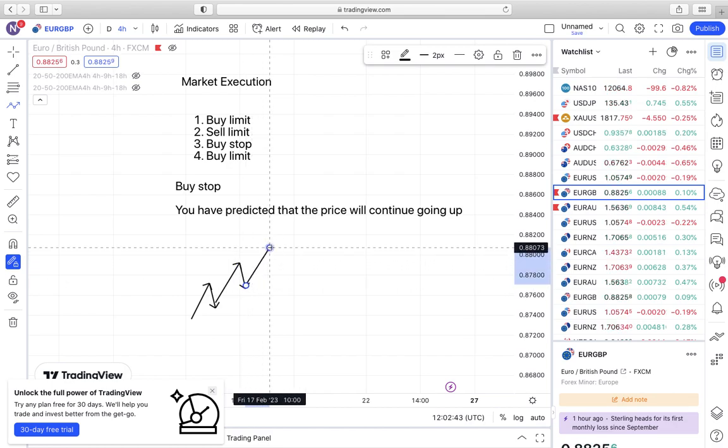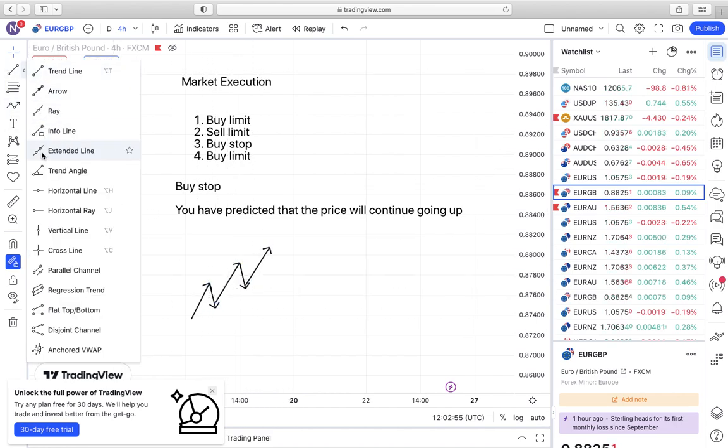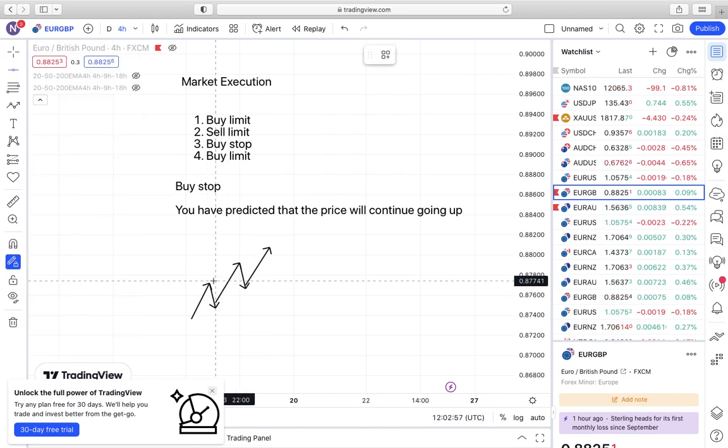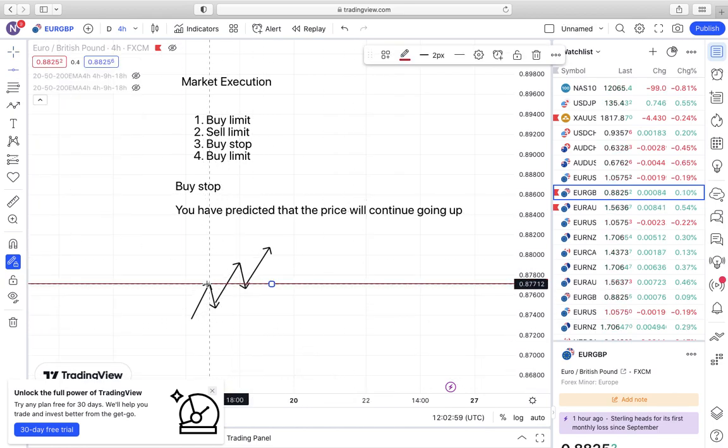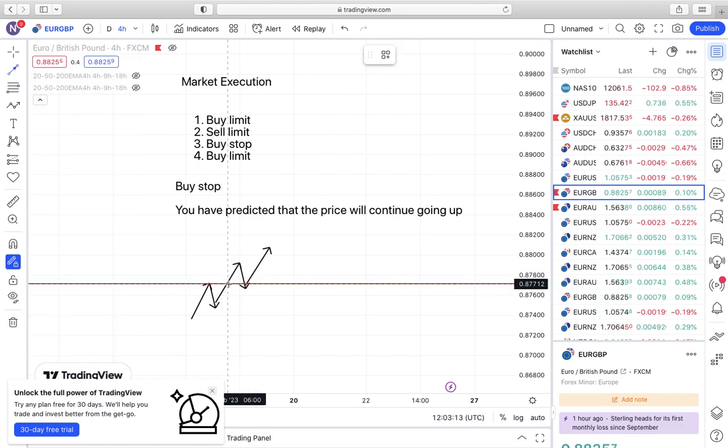Now, let me say the price was uptrending, and you are still not certain whether this price will go up. Maybe your price was here, and you know that when it reaches here, it will continue going up. Now, what you do, you set a buy stop here.